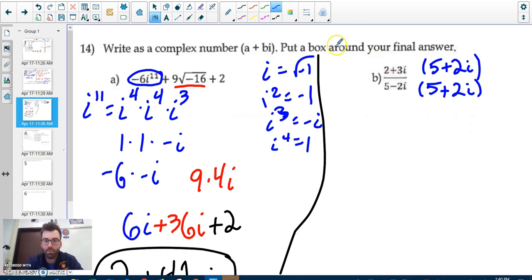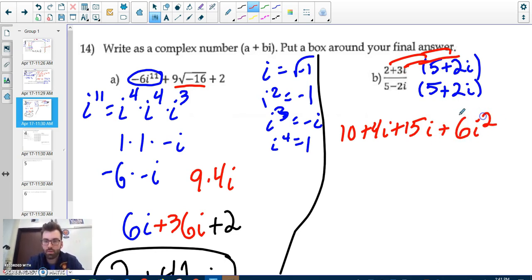Okay, so I FOIL on top. I'll do that all in red here. So I have 10 plus 4i, and I got 15i plus 6i squared. My denominator, I can FOIL this out.